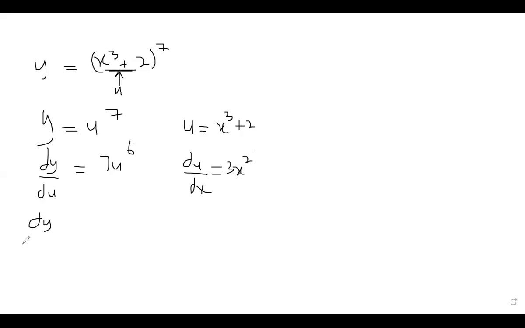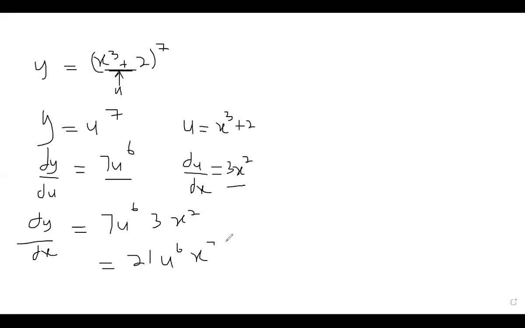Then after that, multiply the two to get your dy/dx. So dy/dx will be this one times this one. That's the stage I was saying, just multiply. So 7u raised to the power 6 times 3x squared. That simplifies to 21u raised to the power 6 x squared.